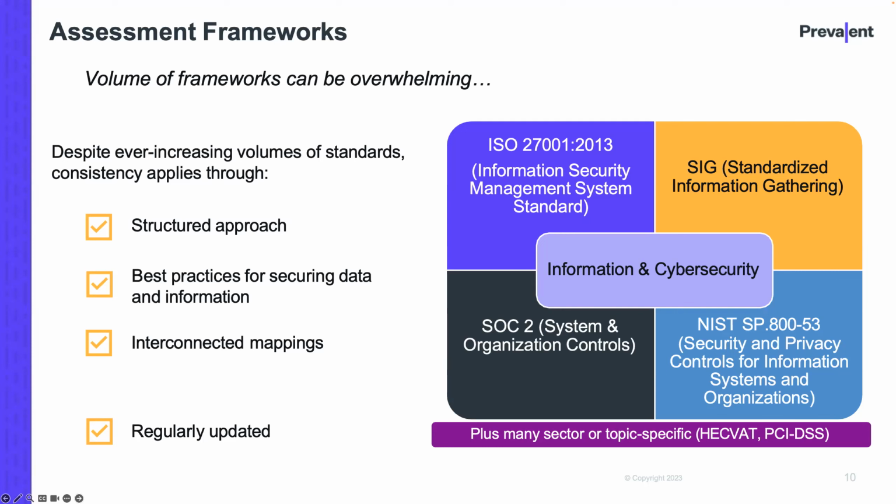If, say, internally you adopt 27,000 best practice or NIST or SIG or something else, being able to map the requirements between those assessments and those frameworks can make it easier to understand they're achieving this level of compliance, and where that fits within our own use cases or our own internal assessments that we're using as well.